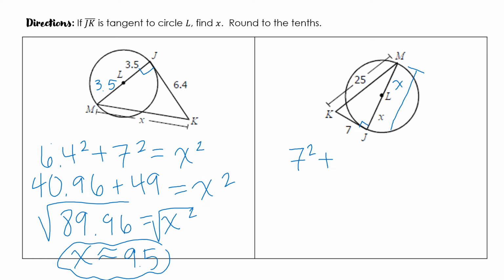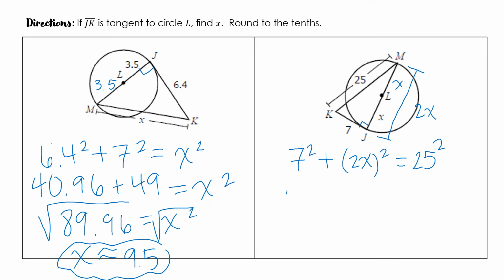And so that means that the entire length of JM is 2x. So plus (2x) squared. I'm going to make sure I use parentheses because I'm not just squaring the x, I'm squaring the 2 and the x. And then the hypotenuse is KM, which is 25 squared.